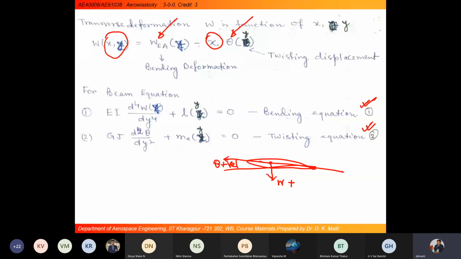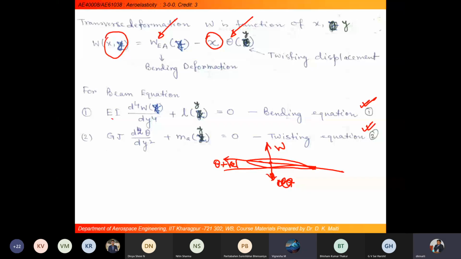If you look at here, from here we are going backward. This is x positive, and this is y positive. If I am going to the front part, with respect to the coordinate system, this side deflection will be W EA.